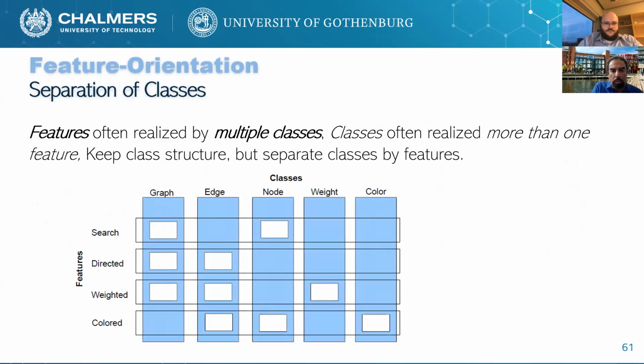This area shows you the relationship between classes and features. For example, you see here on the left that we have these features from the directed diagram: search, directed, weighted, and color. As you see, the fulfillment of each feature has gone, of course, we said in the ideal way that each feature is represented by a class, but this is not the reality. Usually a feature will be represented by instances from different classes.